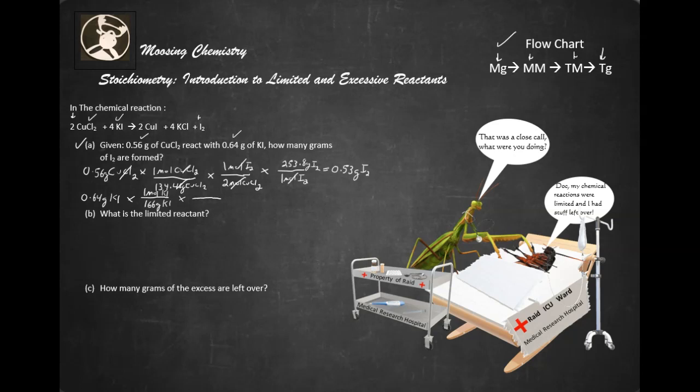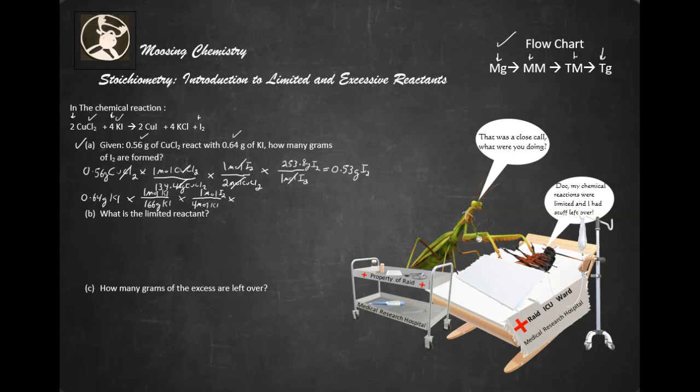What's the mole ratio between KI and I2? It's a 4-to-1 ratio, right? So we have 4 moles of KI on the bottom and 1 mole of I2 on the top.